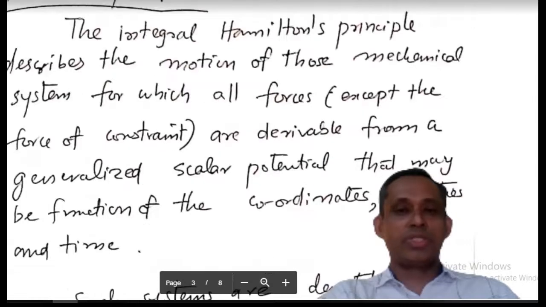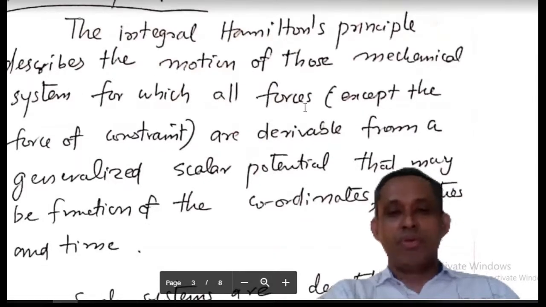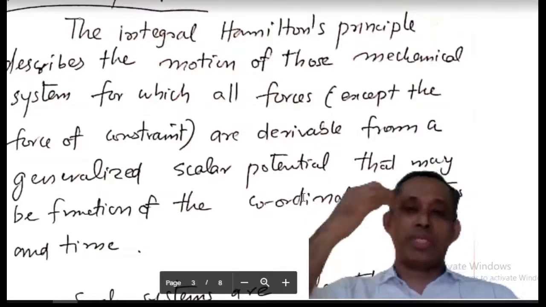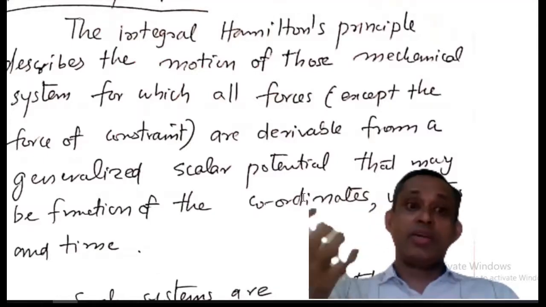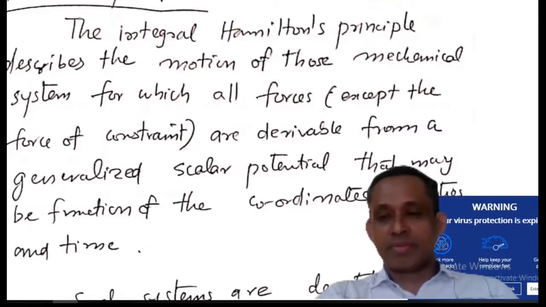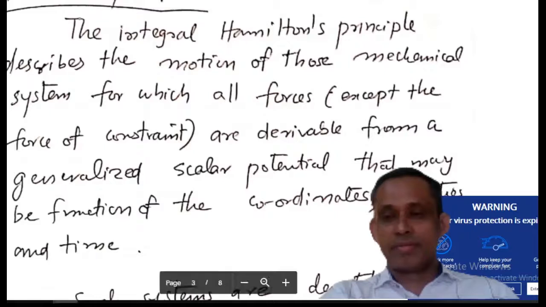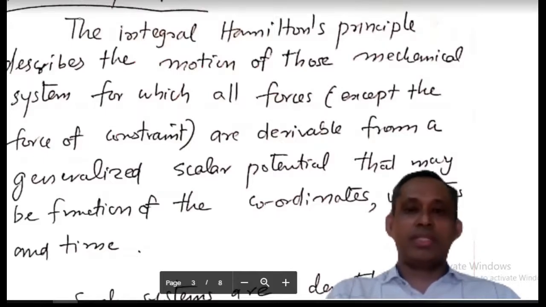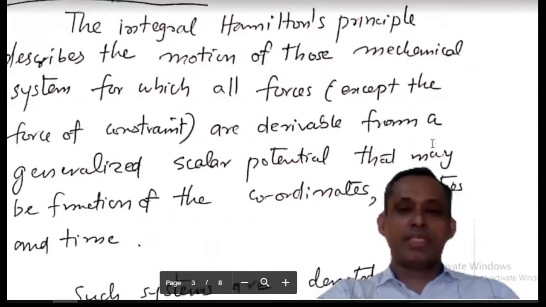Monogenic systems are those systems for which all forces, except the force of constraint, are derivable from a generalized scalar potential, where the scalar potential is a function of coordinates, velocities, and time. Such systems are called monogenic.